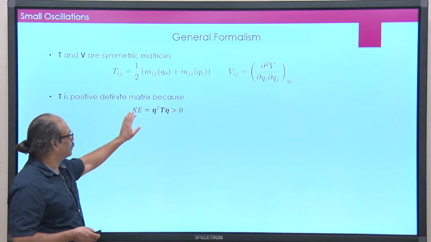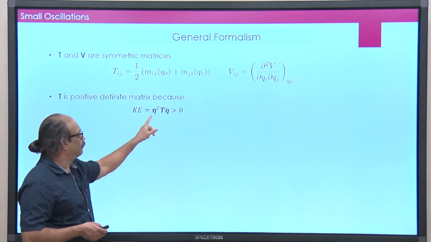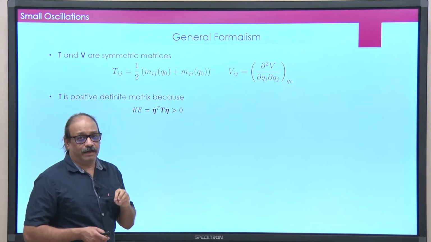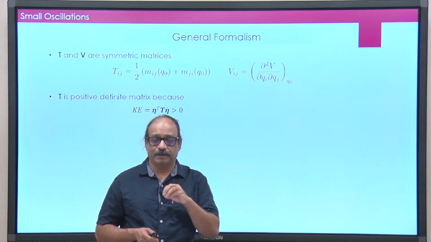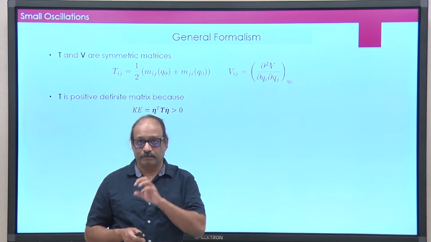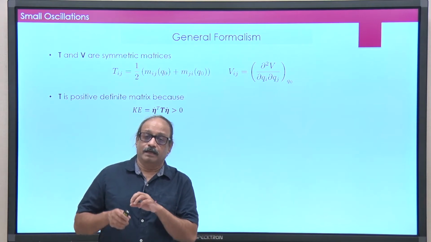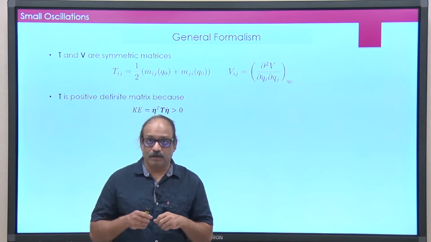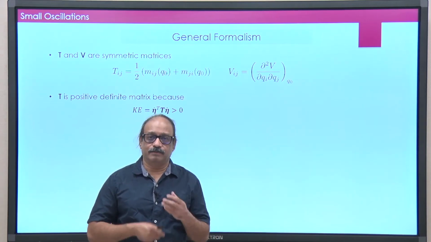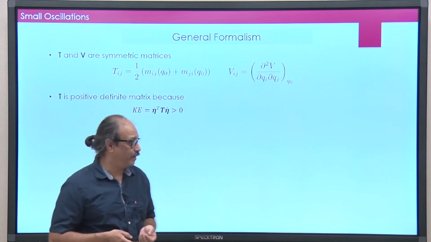The definition of a positive definite matrix is this: for any vector eta, eta transpose times the matrix times eta is greater than or equal to 0 for all such column matrices, then you say that the matrix is positive definite.